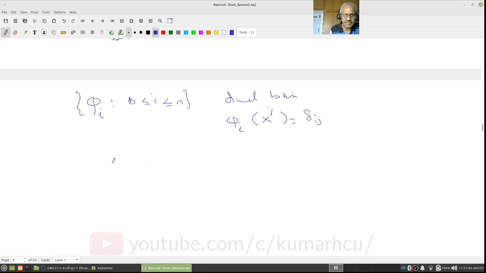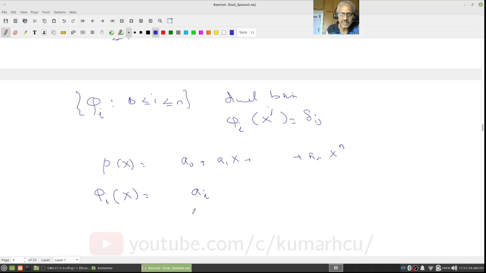Now, if this is the case, let us look at what happens to a polynomial. Suppose my p of x is something like a0 plus a1 x plus up to an x power n. Then if I operate phi_i on it, what is going to survive? Only the term in x power i will survive, therefore I get a_i.